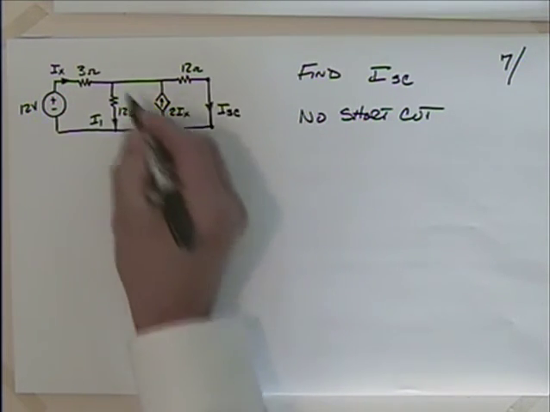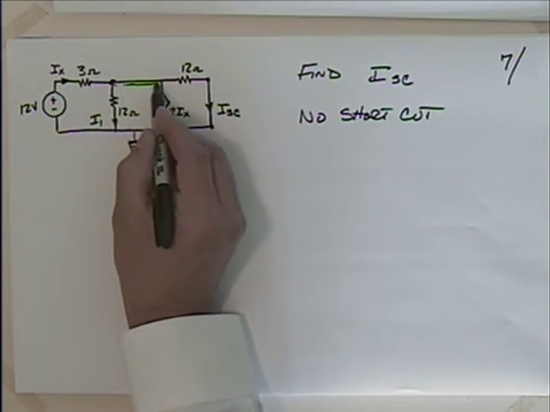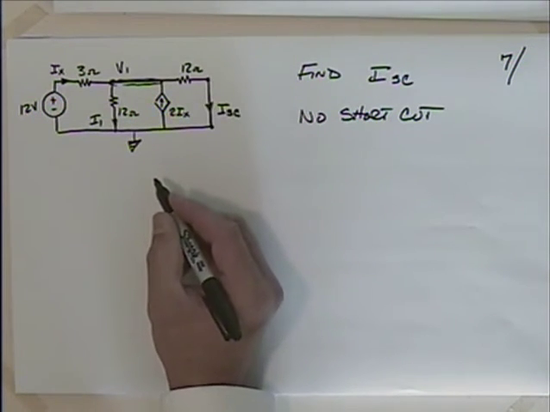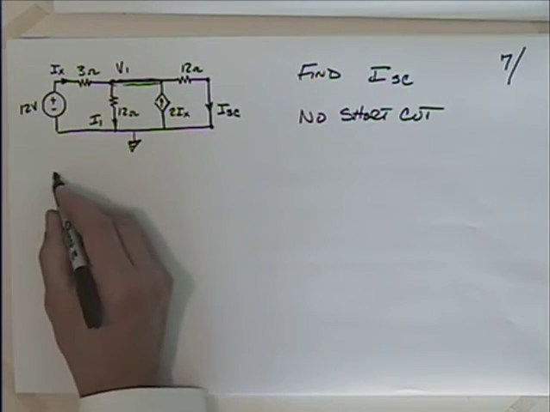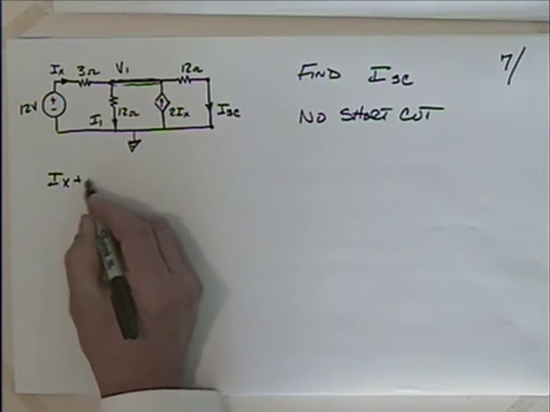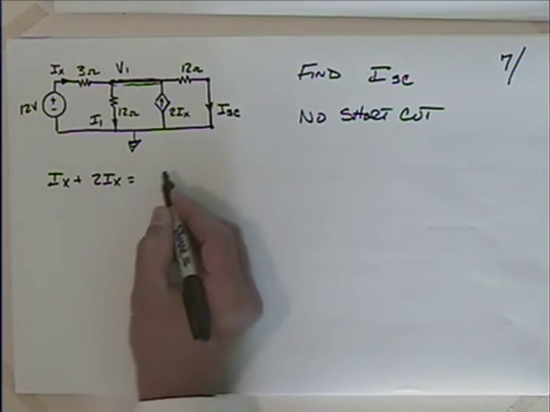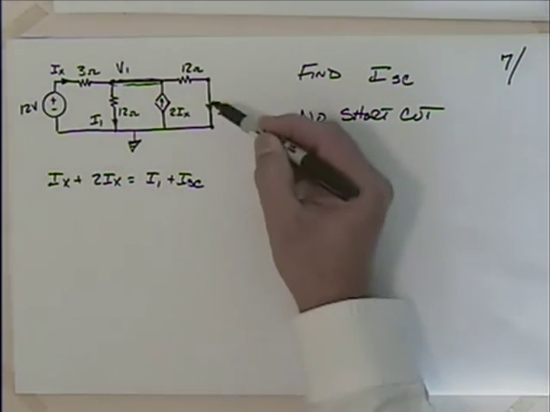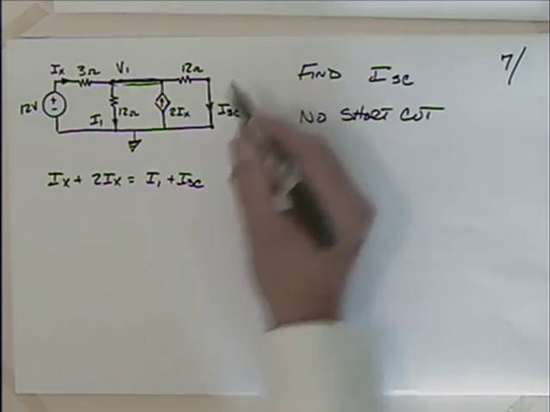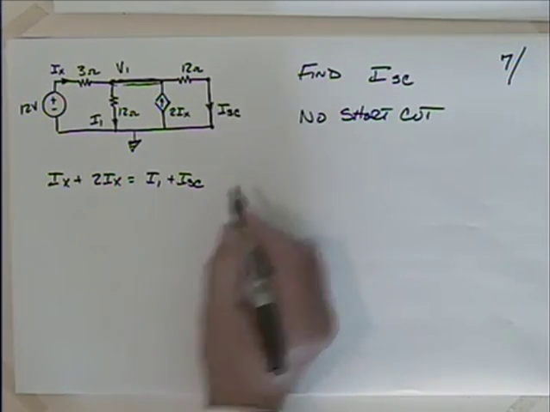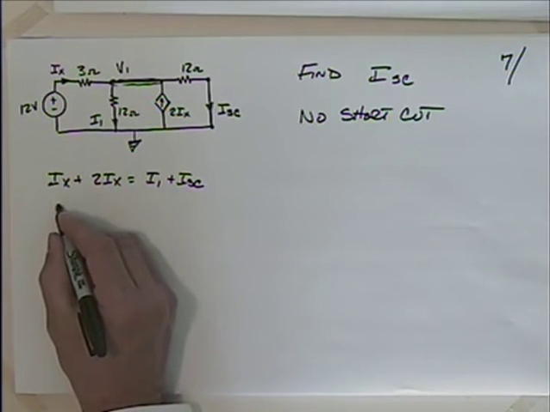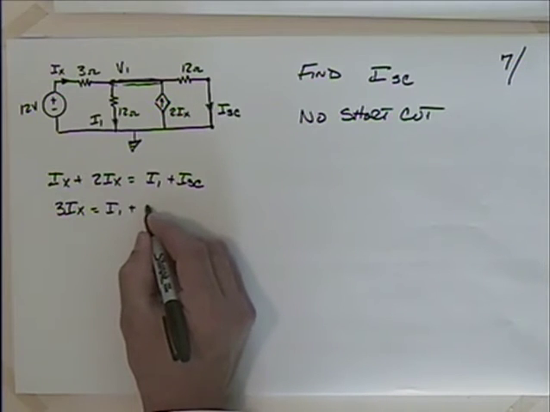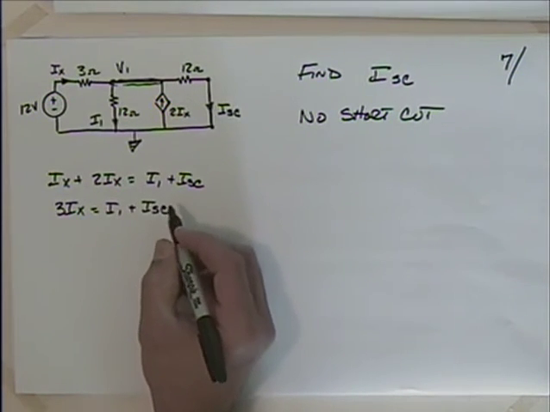Take this as my reference ground. Take this node, which is again, this whole thing is the same. That will be V1. So I should be able to say that IX plus 2IX is equal to now what? I1 plus I short circuit. Had exactly the same thing as before, but now we've got this I short circuit leaving this node up there. So again, just like we did last time, 3IX is equal to I1 plus now the I short circuit here.